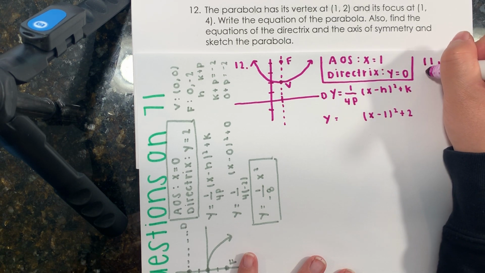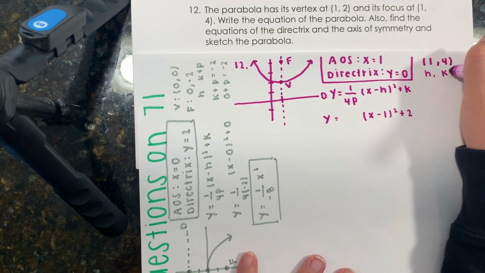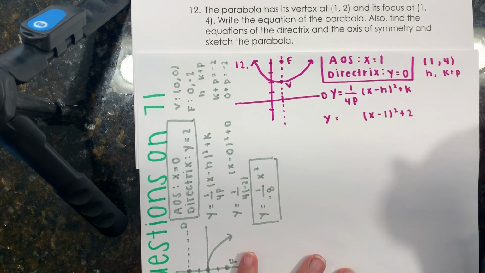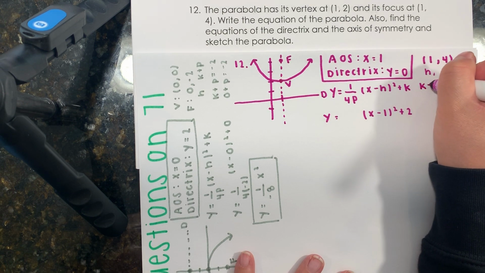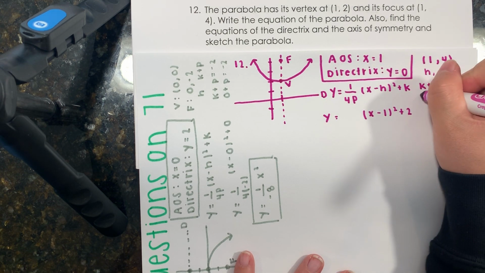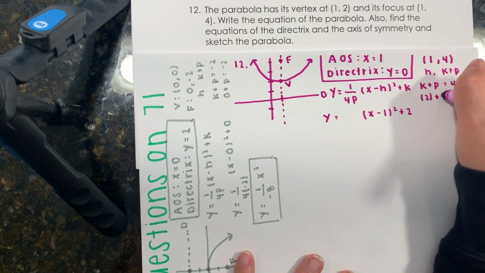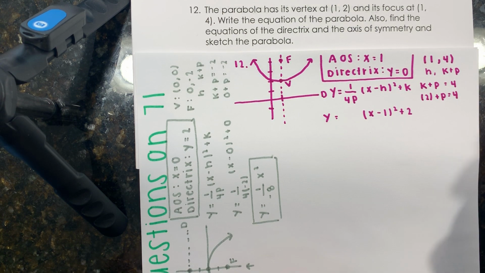The equation for the focus is h, k plus p, which means that h is equal to 1, which I already said, and then k plus p is equal to 4. Well, I've already said that my k variable is equal to 2, which means that p is going to be equal to 2.